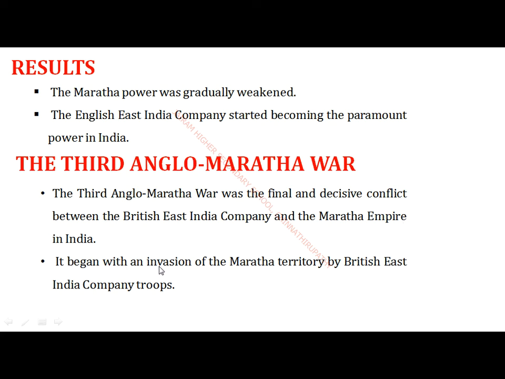It began with an invasion of Maratha territory by British East India Company troops, and after that the Britishers started to enter the territory of the Maratha troops, and slowly the Britishers occupied the whole regions of the Peshwas.